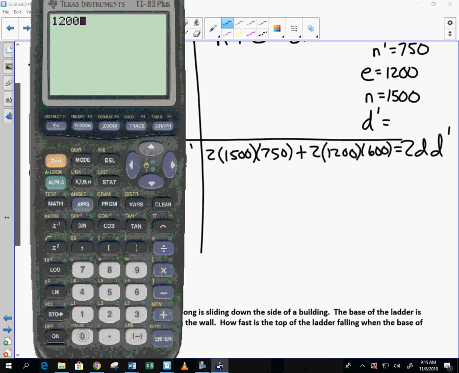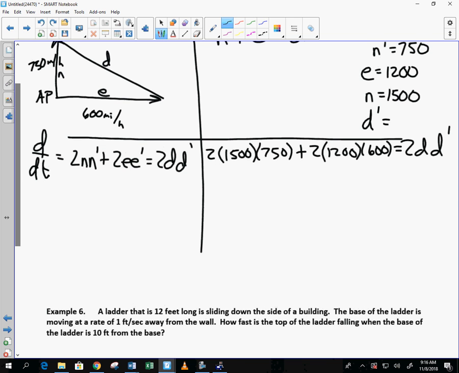Yep, 1200 squared plus 1500 squared. And I'm going to take the square root of that guy, right? And I get 1920.937. No, I did the Pythagorean theorem. So this guy is 1500. This is 1200. So I did 1200 squared plus 1500 squared is that squared.